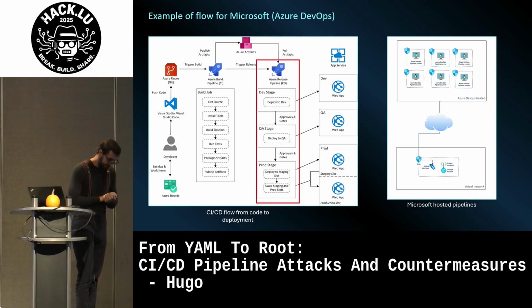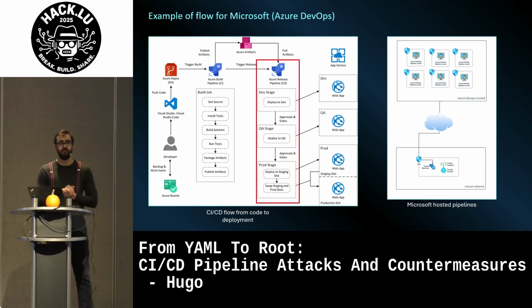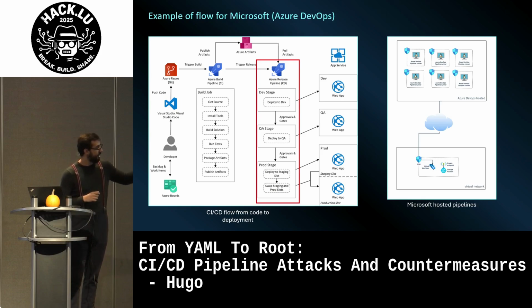In terms of pipelines, we mainly have two types. The first one is what we call platform-hosted pipelines. You have Microsoft-hosted pipelines on Azure DevOps. You also have GitHub Actions on GitHub. You can have CloudFormation also, on AWS. The idea is that they are provided directly by the platform.